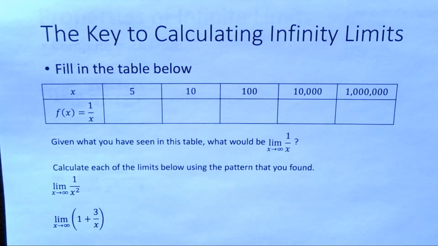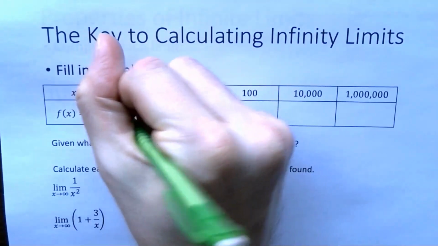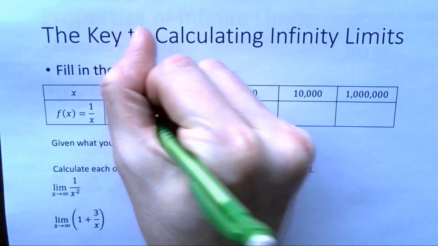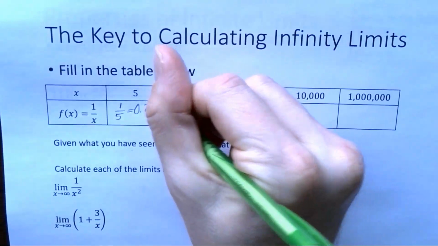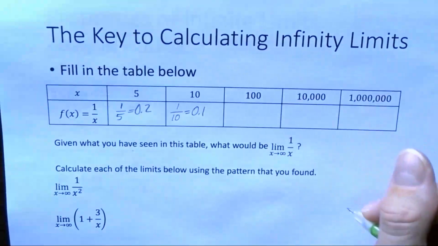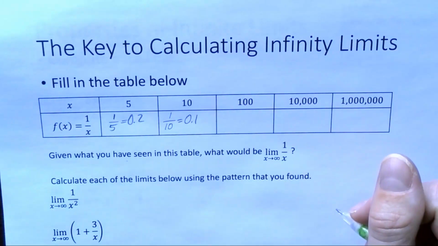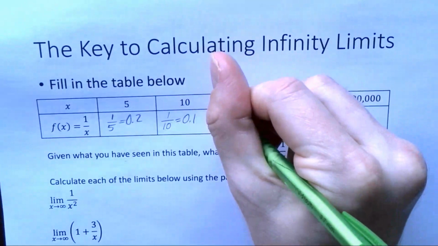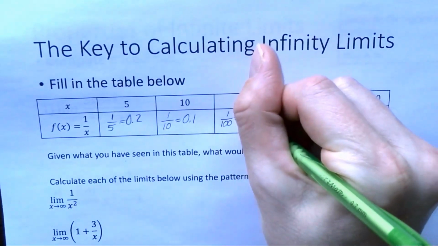So if we plug in x equals 5, we get 1 over 5, which as a decimal is 0.2. If we plug in 10 for x, we get 1 over 10, which as a decimal is 0.1. If we plug in 100, we get 1 over 100, which as a decimal is 0.01.